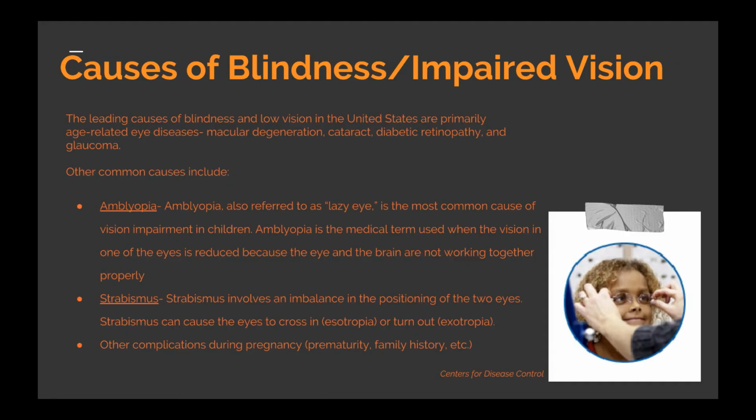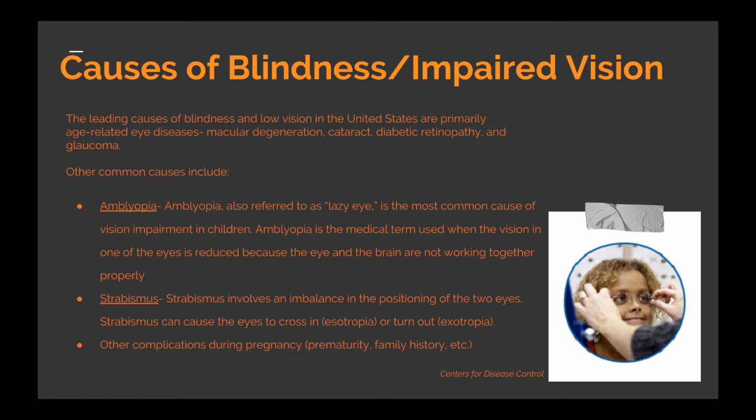There are many different causes of blindness or impaired vision. The leading causes of blindness and low vision in the United States are primarily age-related eye diseases, such as macular degeneration, cataracts, diabetic retinopathy, and glaucoma. Other causes include amblyopia, also referred to as lazy eye, the most common vision impairment in children.